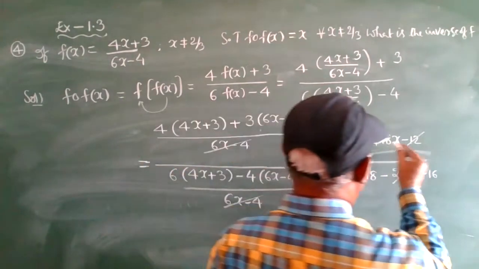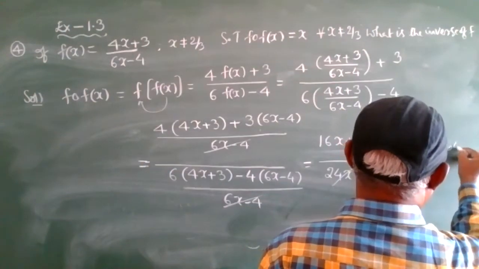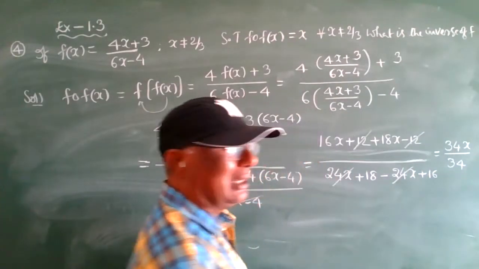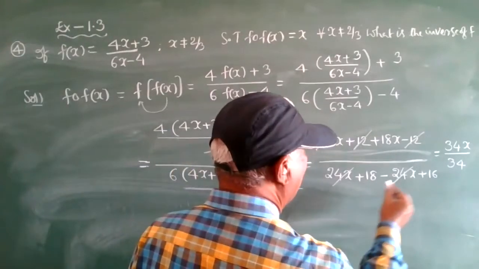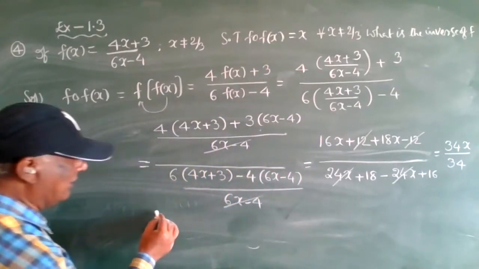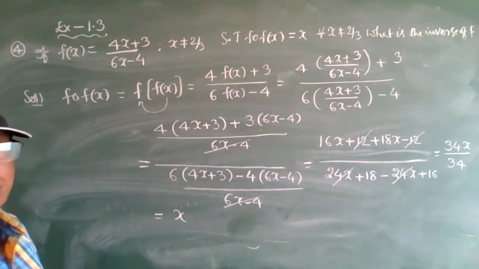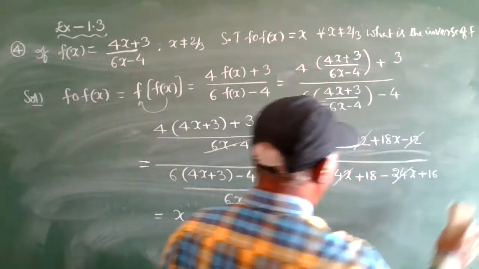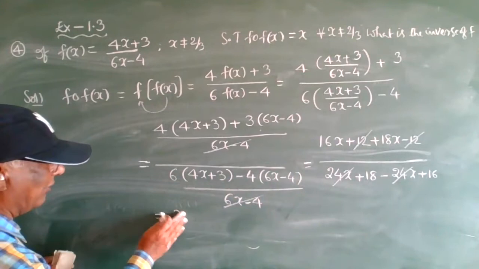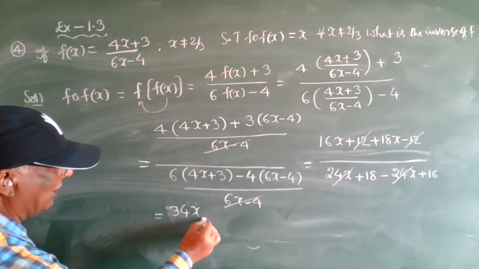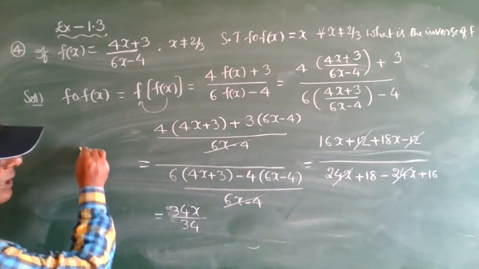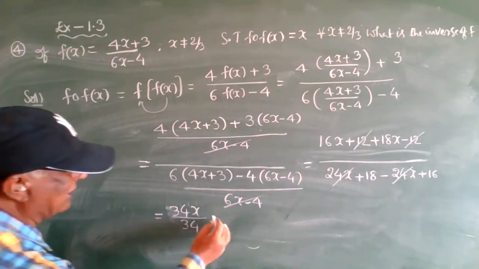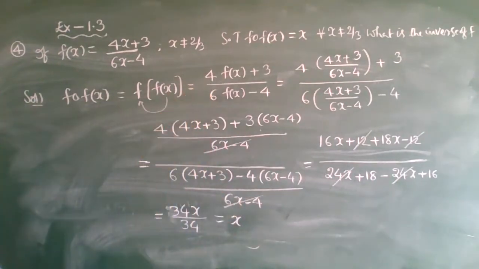It is 34x by 34. Correct? 34 is cancelled. What we are getting as the answer is x. We get the answer x. Okay? 34 is correct, 18 and 16 is 34. 34 is cancelled. Value is x. We get the same answer.